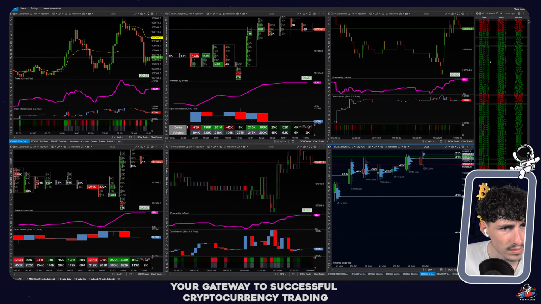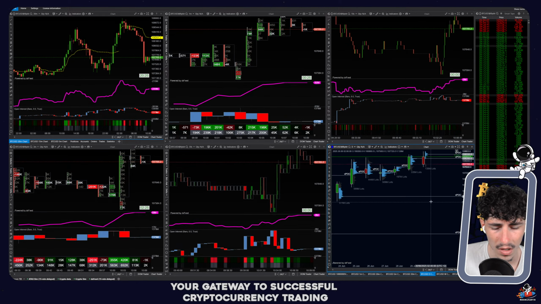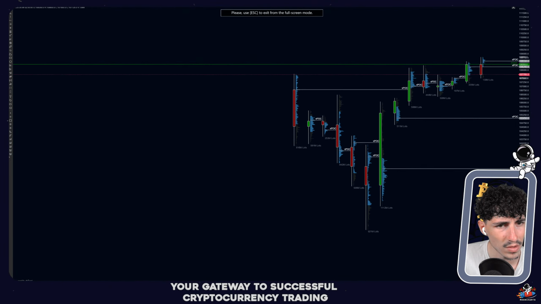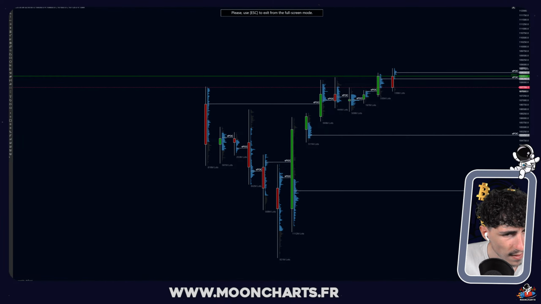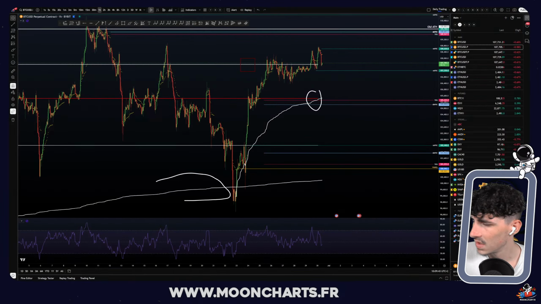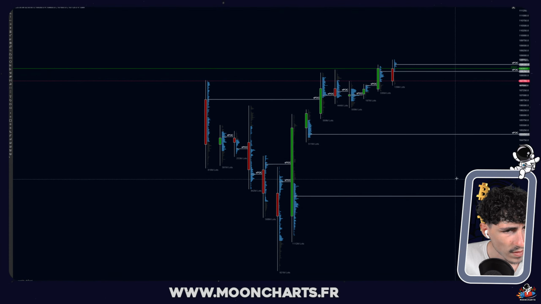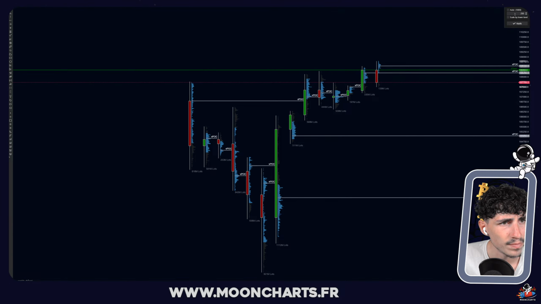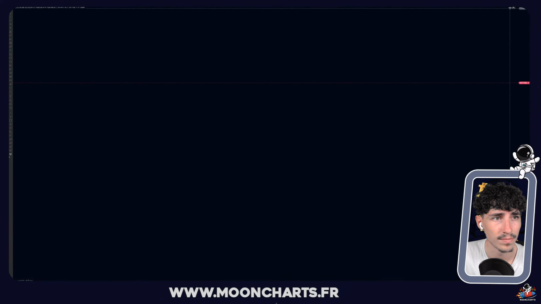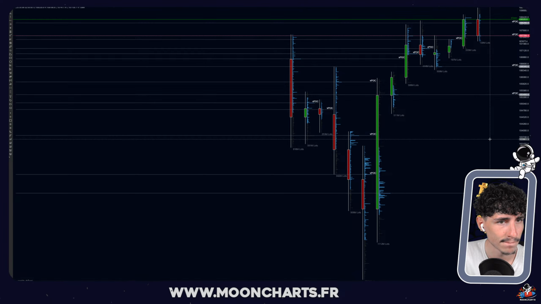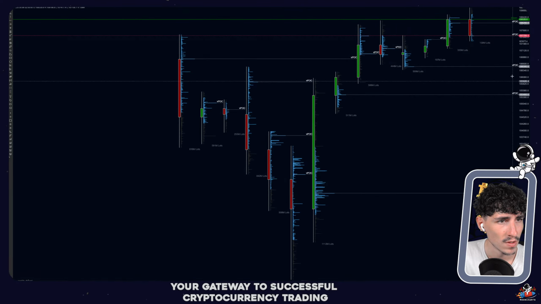Then we have a look. I changed the key for full screen. Don't know why it's a little bit buggy now. 1950, and 5050. Okay, cool. Let's have a look at the ticks one. Void.